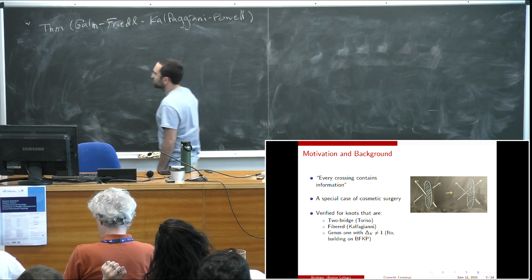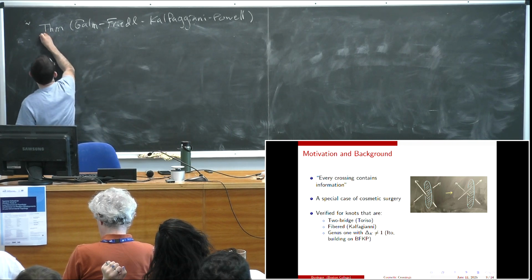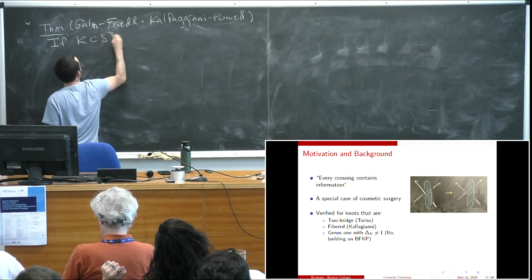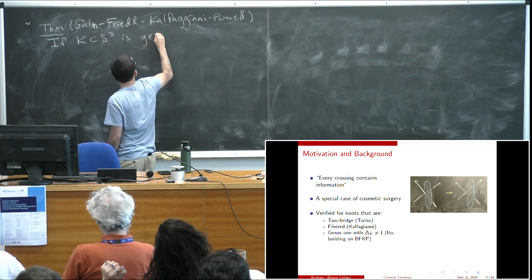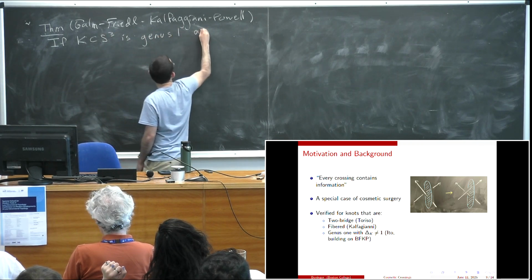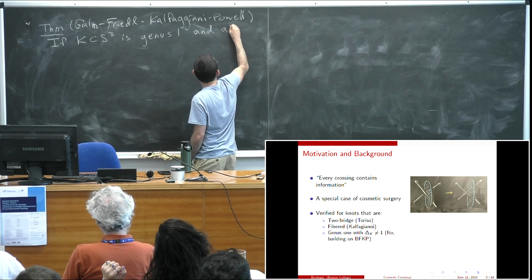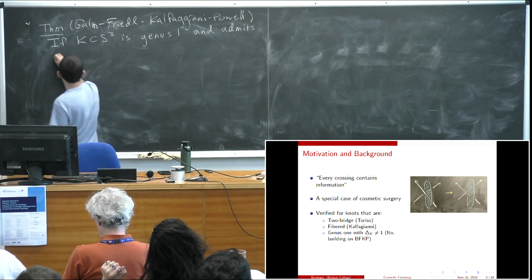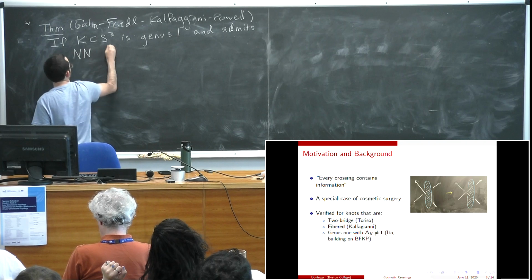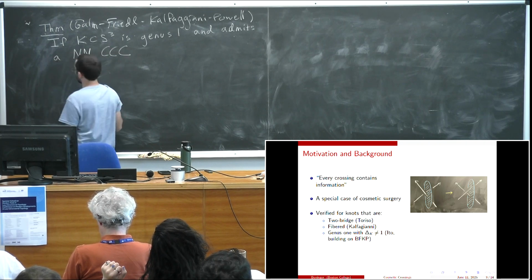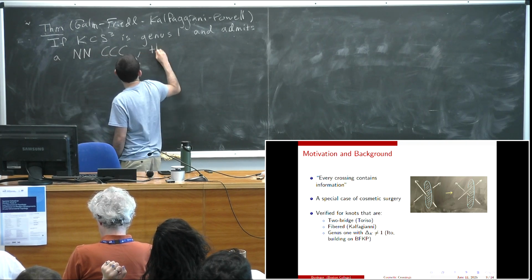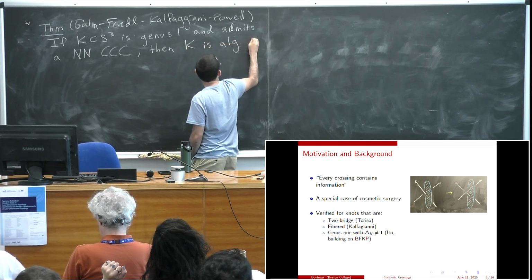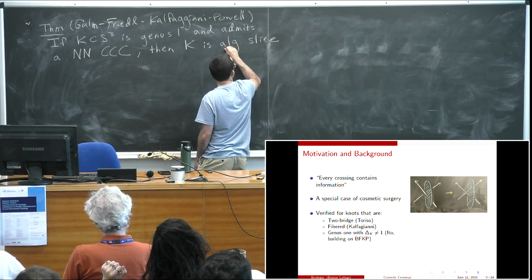So they essentially proved that if K is a genus 1 knot and admits a non-nugatory cosmetic crossing change, then K is algebraically slice.